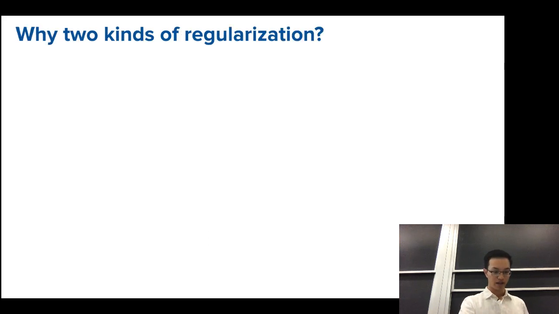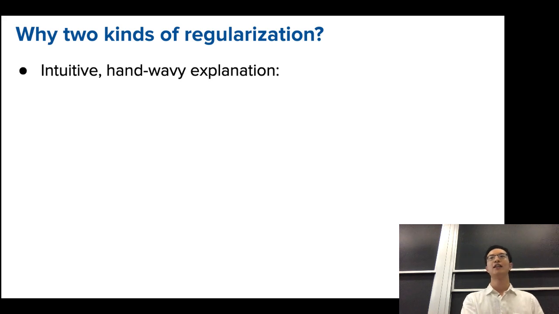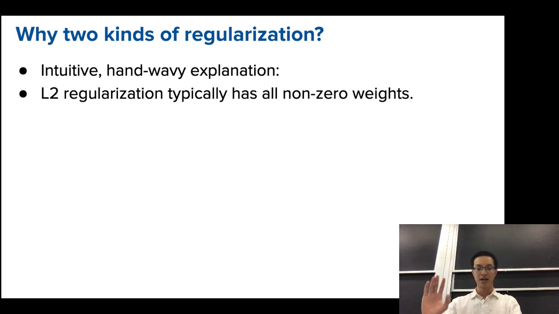Okay, so after all that work, why do we have two kinds of regularization? So why do we do both L2 and L1 regularization? I can give you the intuitive hand-wavy explanation first, and I'll give you the more sophisticated explanation second. Okay, so the intuitive hand-wavy one is that when you use L2 regularization, you notice that in my demo, all the model weights were non-zero, even though some of them were really, really small.